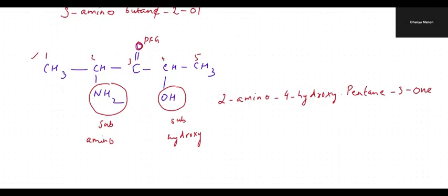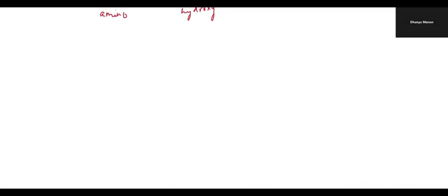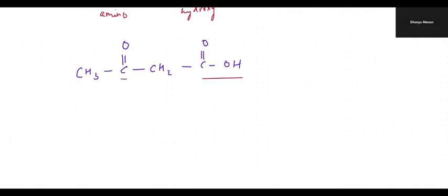Coming to the next question. There is an acid here and there's a ketone here. So definitely the acid is our primary functional group. It is given number 1 position, number 2 position is this carbon, ketone at the third position, and this is the 4th carbon.